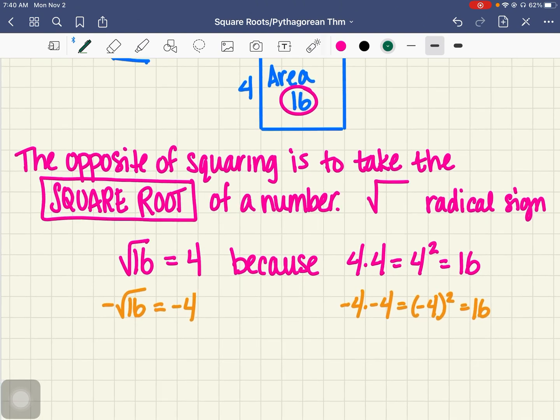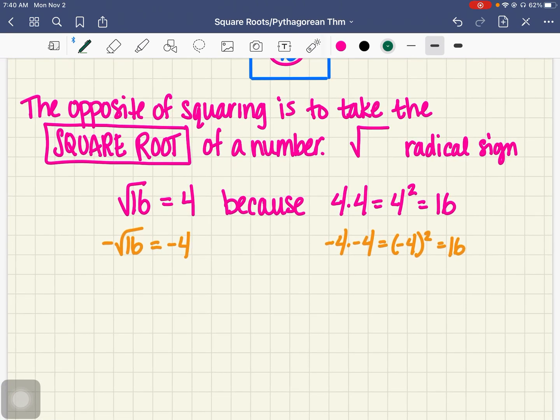There is a newer symbol that you might see, which is plus or minus. That means we just want both answers, and you don't have to write them out separately. Plus or minus 4 means +4 and -4, answering both at the same time.